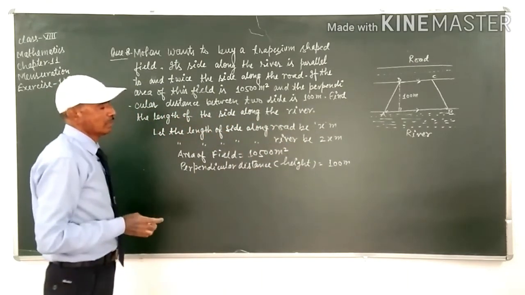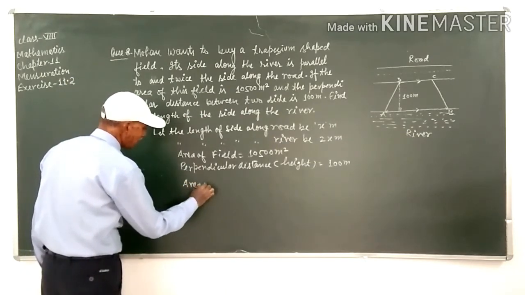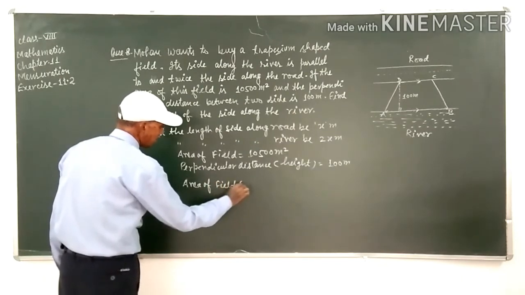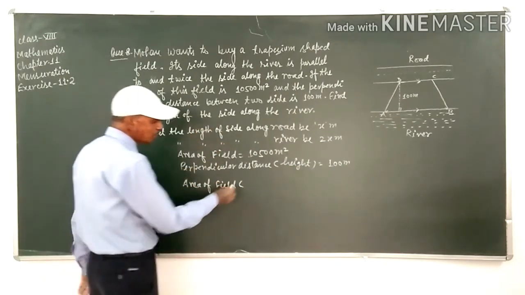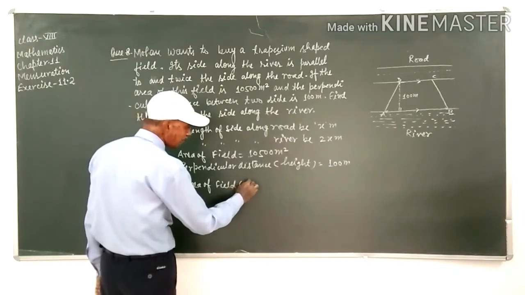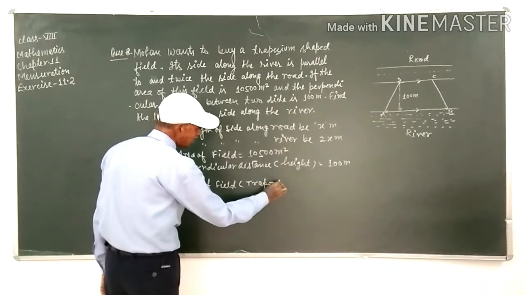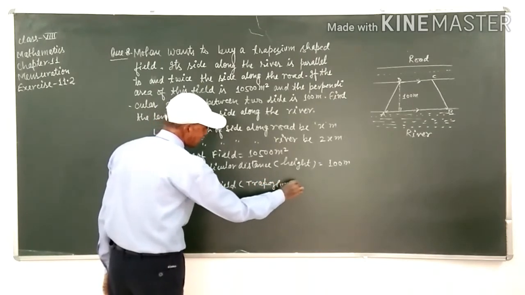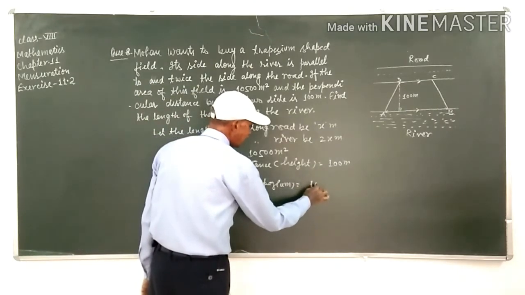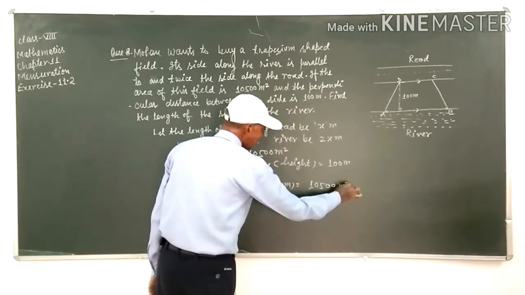Clear, student? And area of field. Field is in trapezium shape, so we have to find out the area of trapezium. Area of field that is in trapezium shape is equal to, it is given that, 10,500 meter square.